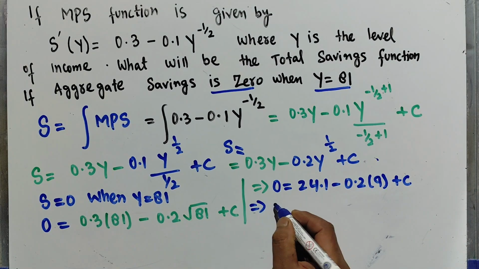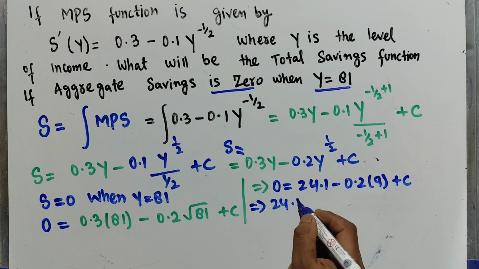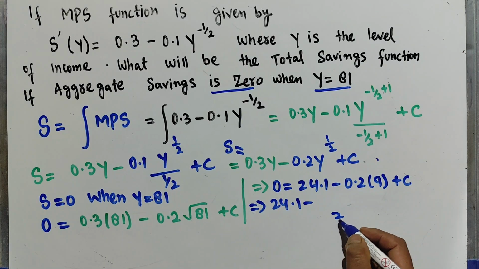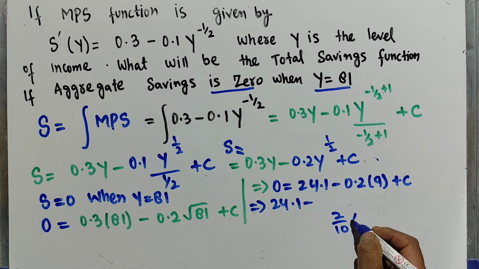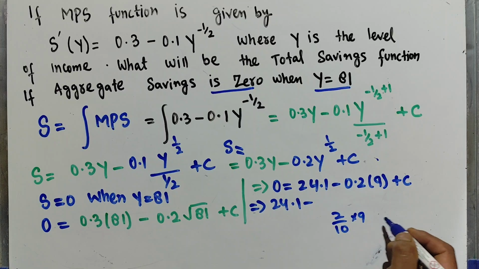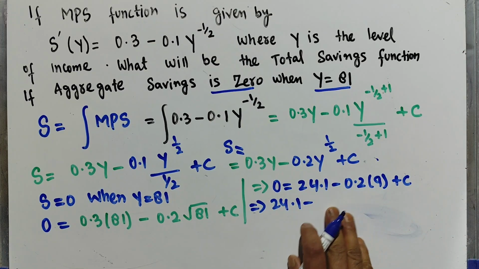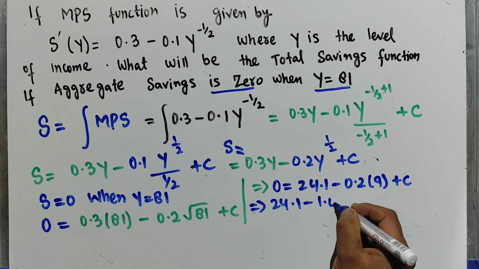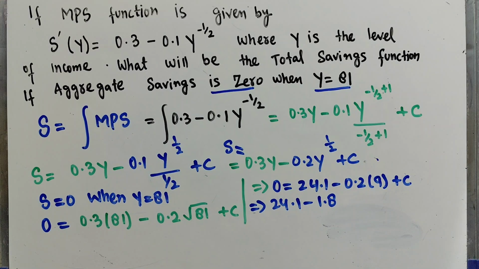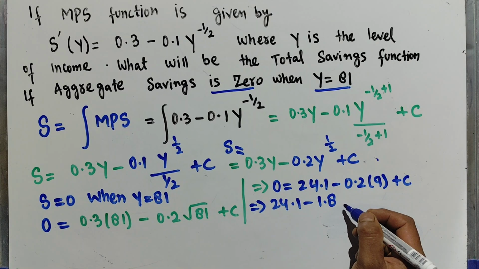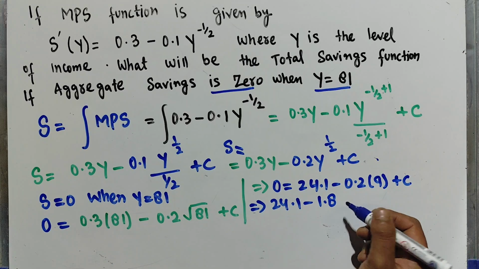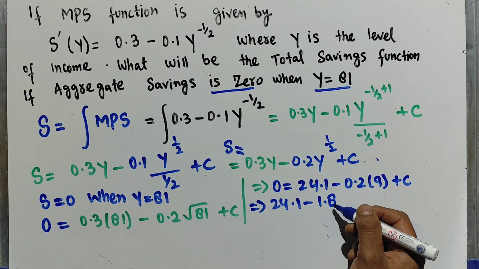So 24.3 minus 2/10 of 9. 9 twos are 18 divided by 10, which is 1.8. I hope I am doing the calculation right.